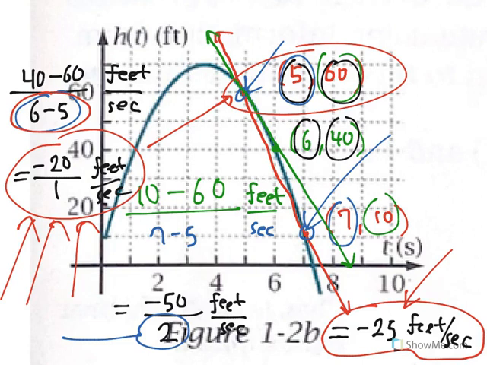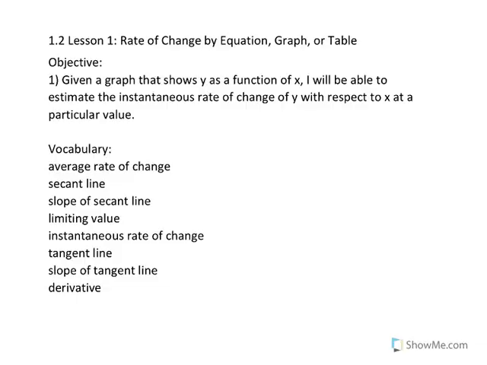So we say that the instantaneous rate of change is the limiting value of the slopes of the secant lines as the 2 points get closer and closer to each other. So going back to our vocabulary, we see that the slope of the secant line gives us the average rate of change of one quantity with respect to another.